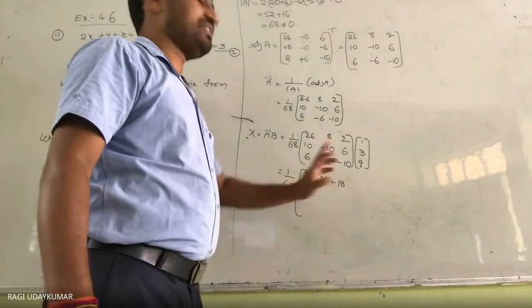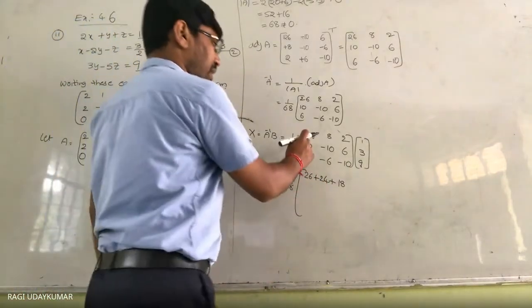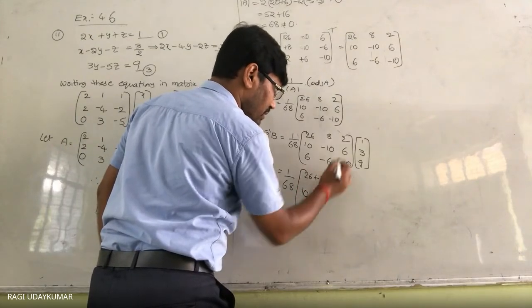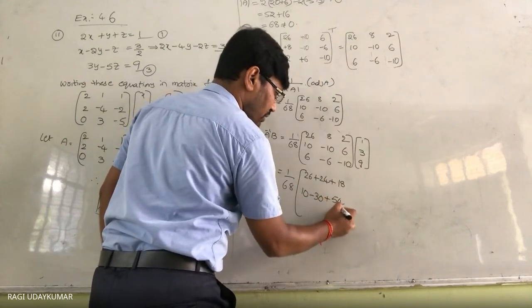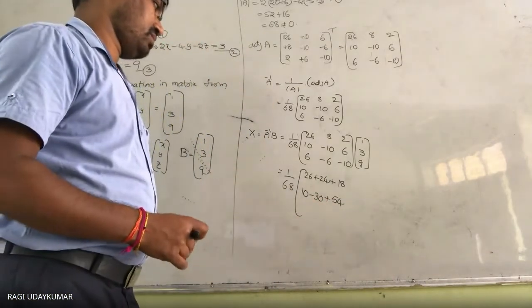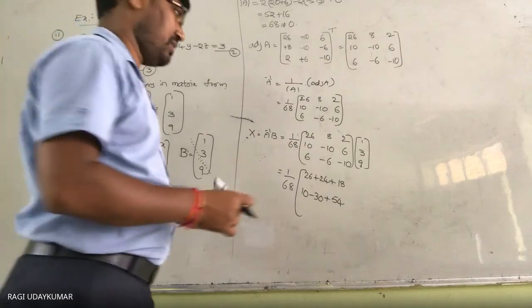What do we get here? 68 we are going to get. And here minus 10 minus 30 plus 54. 64, 33 we are going to get. Sorry, 34 we are going to get.